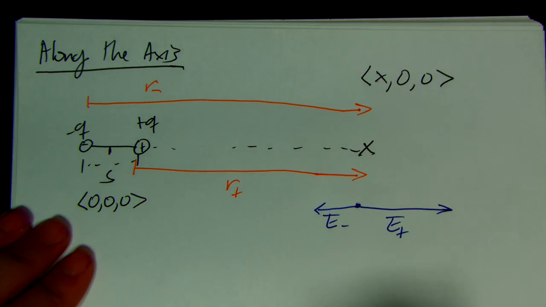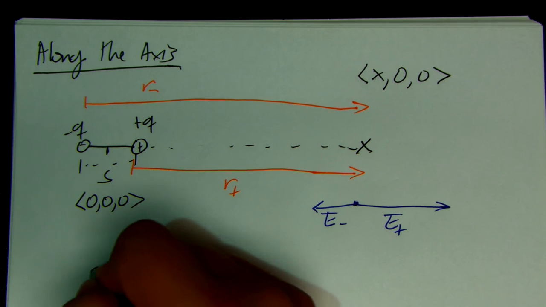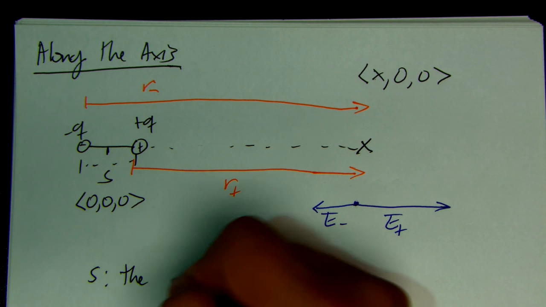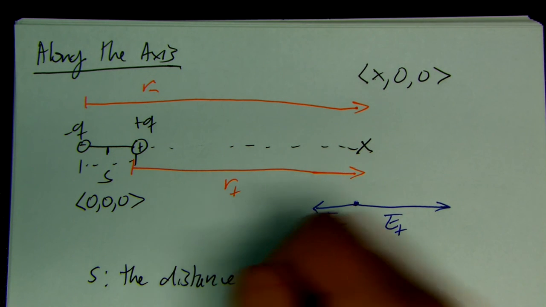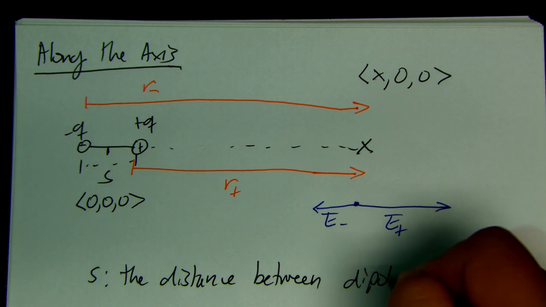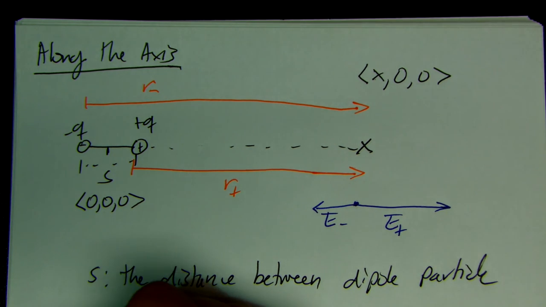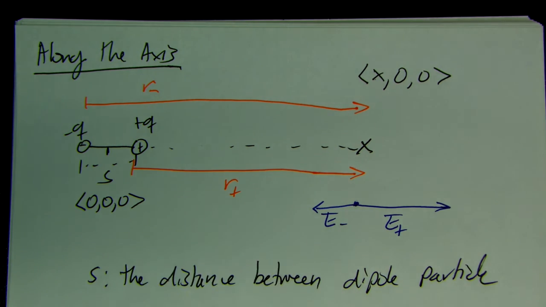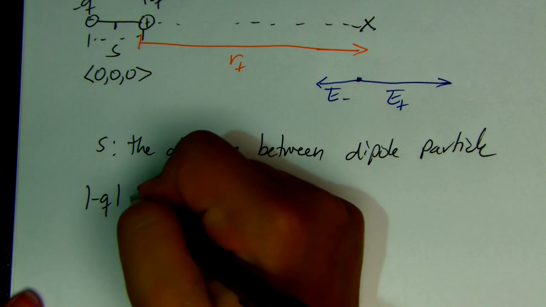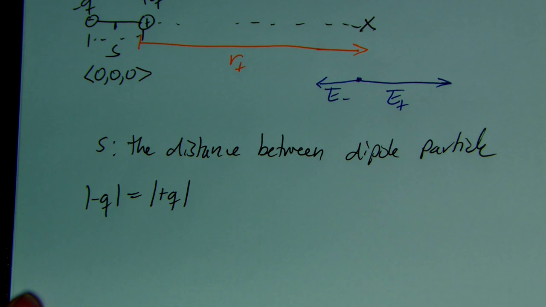So we're going to use some actual coordinate points, and then we'll generalize at the end. So s is going to be the distance between the dipole particles. And as this is a dipole, we know that the magnitude of minus Q is going to be equal to the magnitude of positive Q.